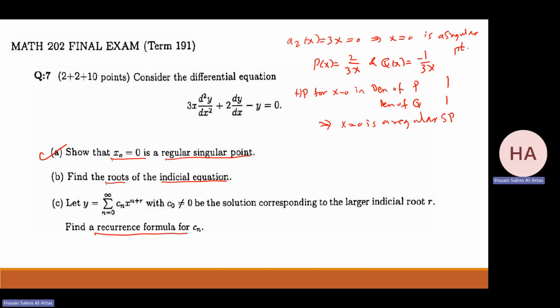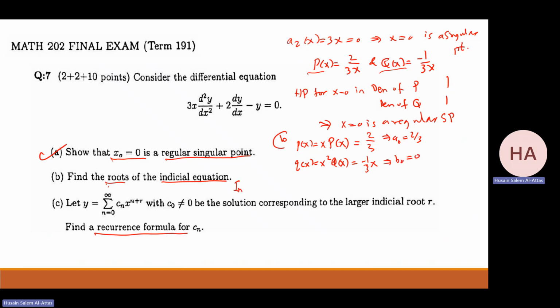Yeah, and that's the first one. Now how to find the roots of the indicial equation, part B. Okay, now I have capital P of x, capital Q of x. So I have small p of x equals x times capital P of x, that gives me 2 over 3. So my a0 is 2 over 3. Small q of x will be x squared times capital Q of x, that gives me minus 1 over 3x, so my b0 is 0.